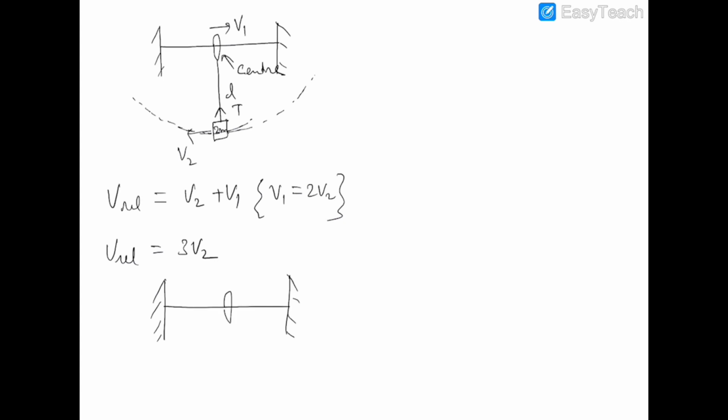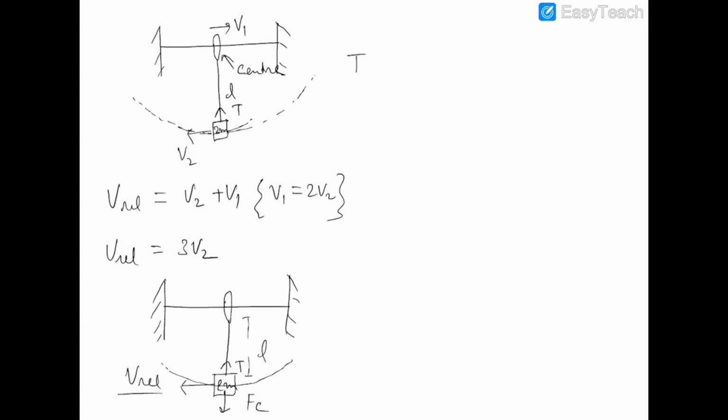This ring is now at rest because this is now the relative diagram, and this block is moving in the backward direction with v relative, and the tension in the rope is T, and this length is L. So if this is rotating with velocity v relative, then there is a centrifugal force, Fc.